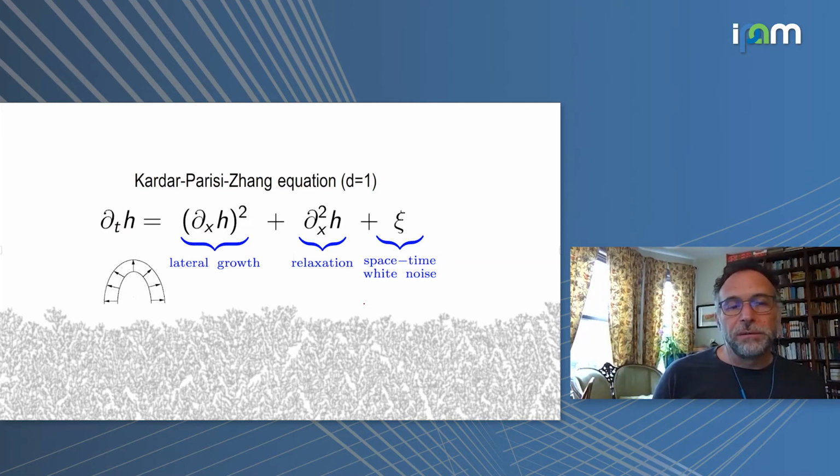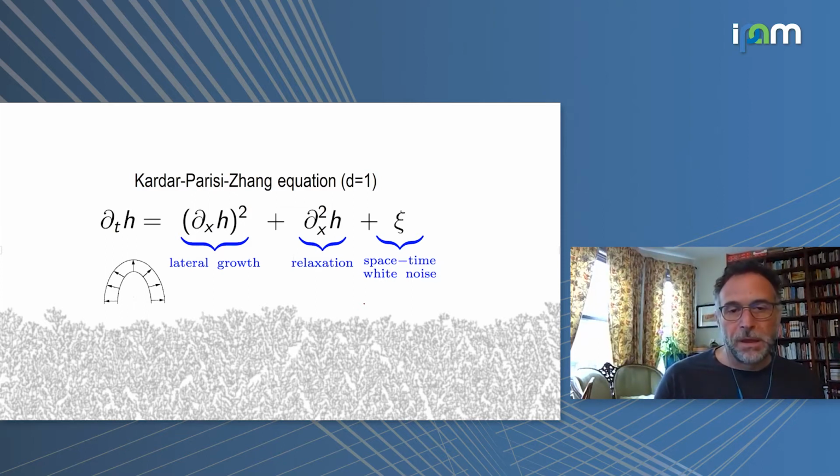So if you start from anything, however smooth, in an infinitesimal amount of time, the h looks like a locally Brownian version of your initial data. So this is an evolution, essentially, of Brownian-like things. And that's why it's so hard to make sense of the equation, because if you have a Brownian motion, d_x h is just a white noise. The white noise is a perfectly well-defined distribution, but you're not allowed to square it.